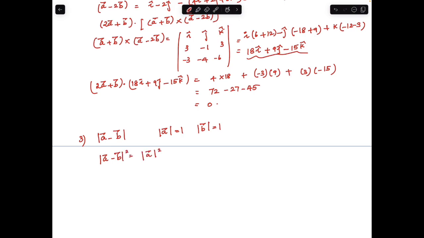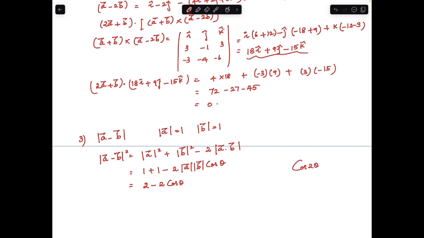We get A square plus B square minus 2A dot B. A square and B square becomes 1 each, minus 2 times magnitude of A into magnitude of B cos theta, 2 minus 2. Again, magnitude of A and B becomes 1, so we get 2 cos theta.